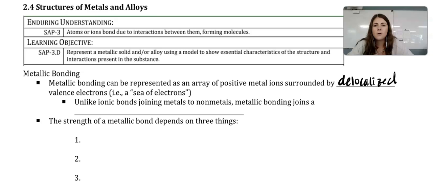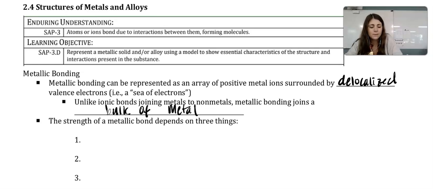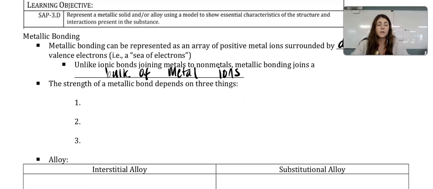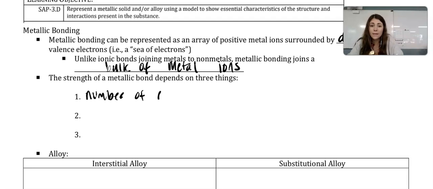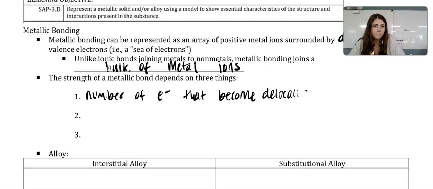Unlike ionic compounds, which join metals to nonmetals, metallic bonding joins a bulk of metal ions. The strength of the metallic bond actually depends on 3 things. Like I was just saying, the number of electrons that become delocalized, AKA, how many valence electrons are we talking about?